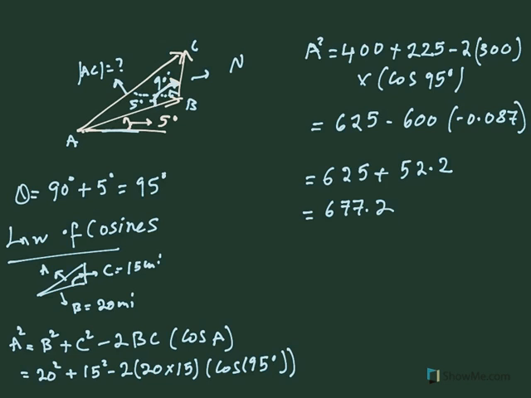And therefore this is A squared, and we need to find side A. So A is equal to the square root of 677.2, and that's equal to 26.02 miles.